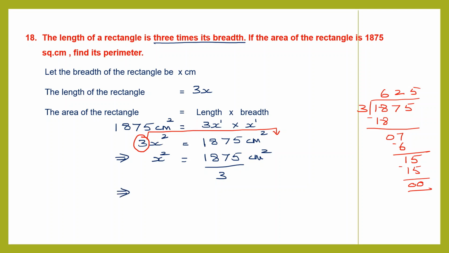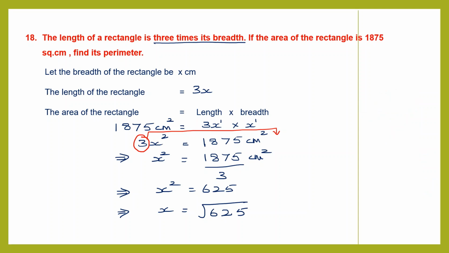So x square is 625. What will x be? x will be the square root of 625. So now let's find the square root of 625.